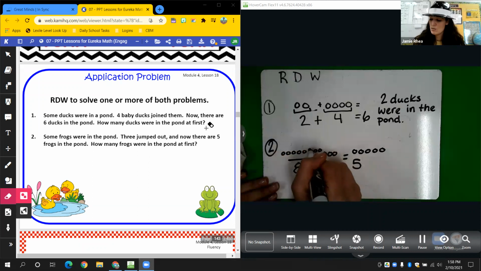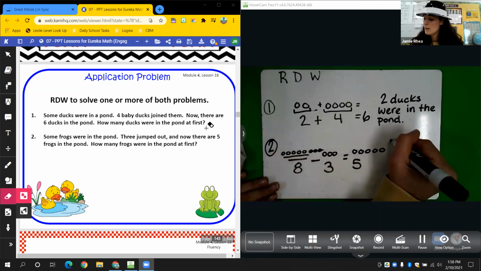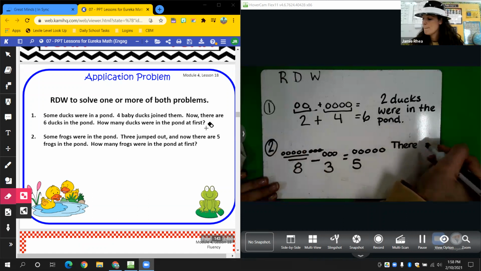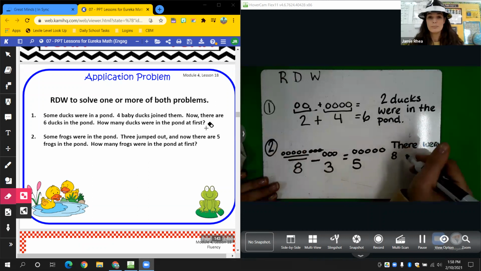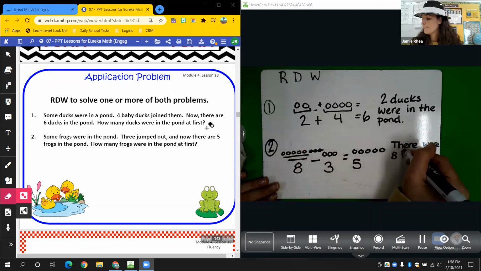Now, if I take these 3 off, there's my 5 right there. Okay, so there were 8 frogs in the pond.